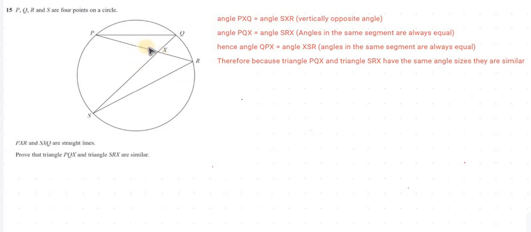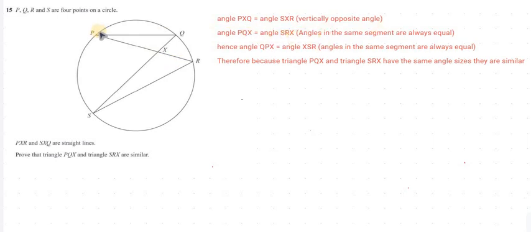Now, first things first, angle PXQ and angle SXR are vertically opposite angles, so they're equal to each other, and that's why it's important that PXR and SXQ are straight lines. So they cross each other, so that angle is equal to that one. Vertically opposite angles are equal to each other.